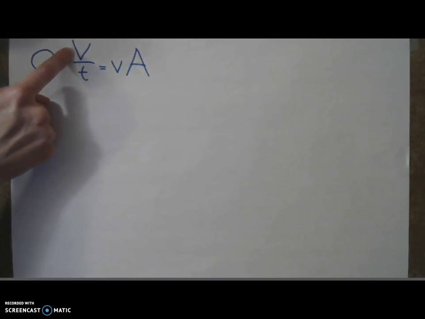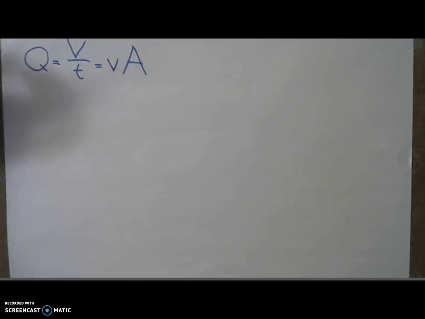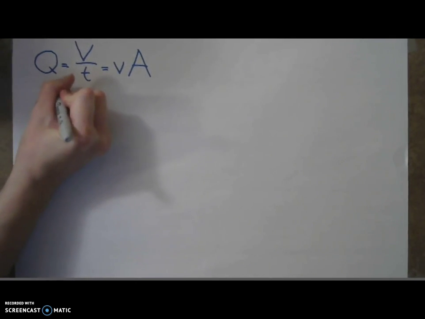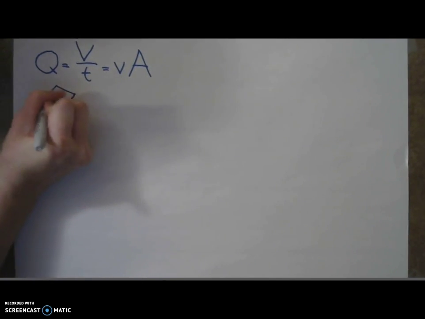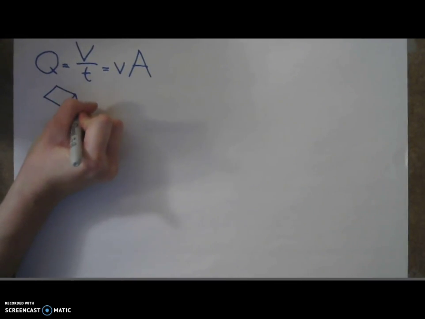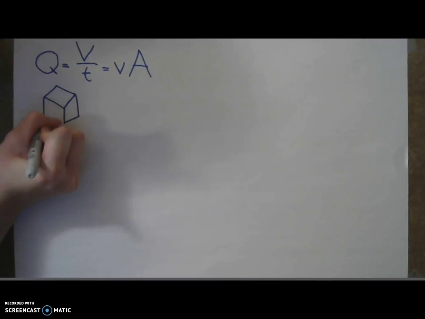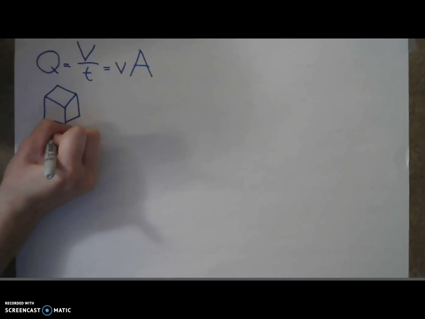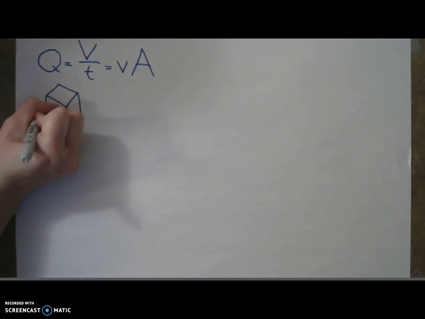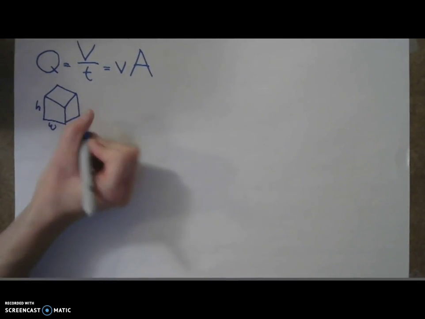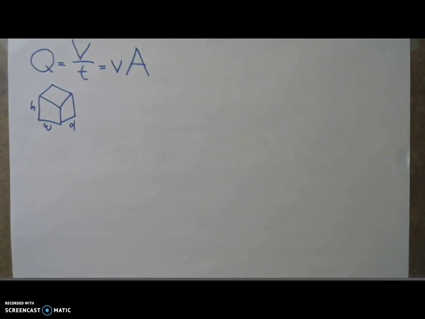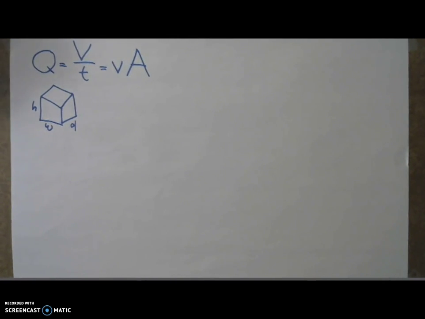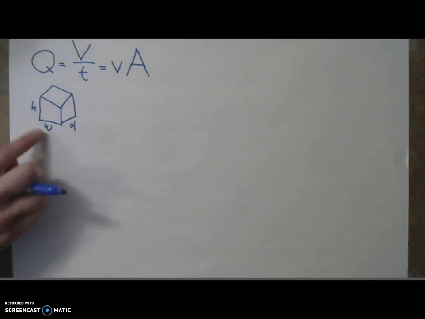We have a volume composed of width, height, and depth. Remember geometry, 3 dimensions. Three dimensions, 3 lengths, multiplied, give us the volume of the box.